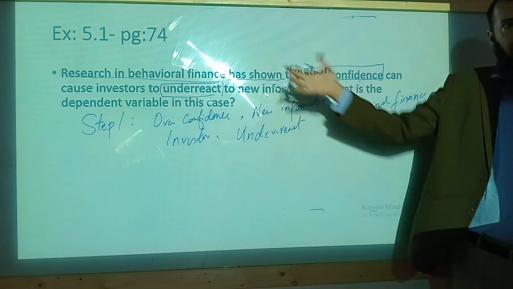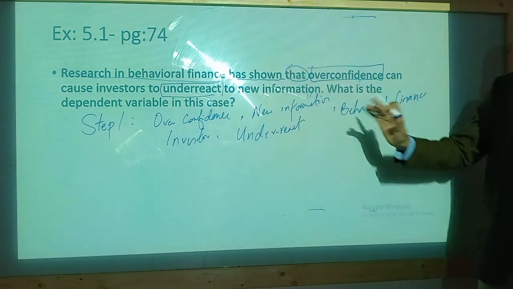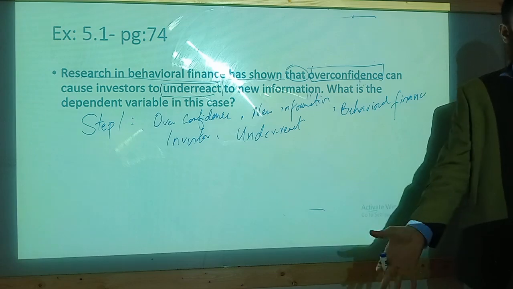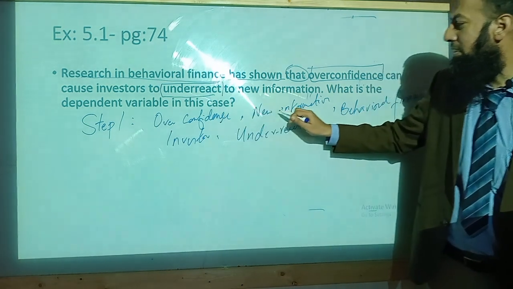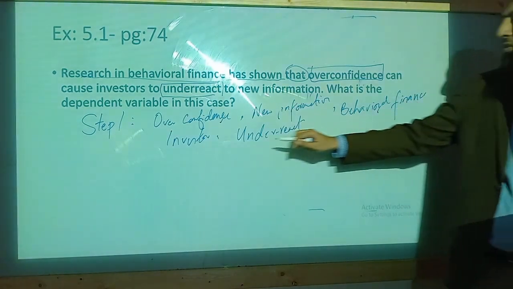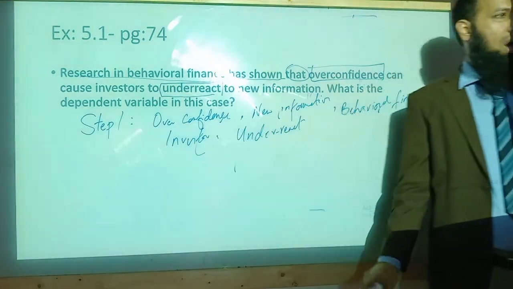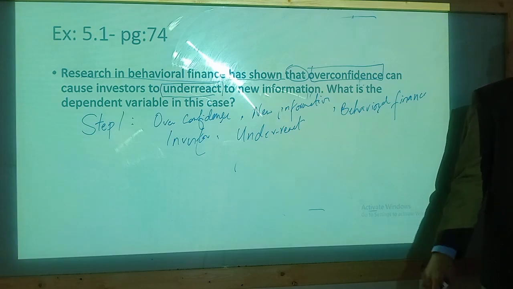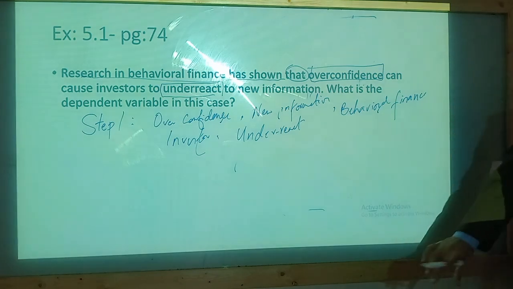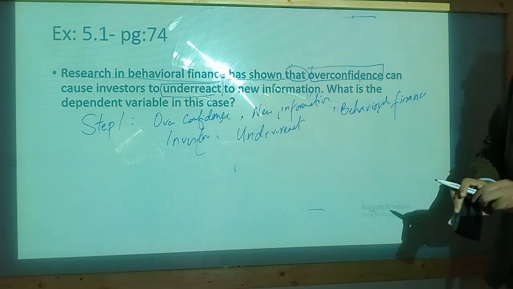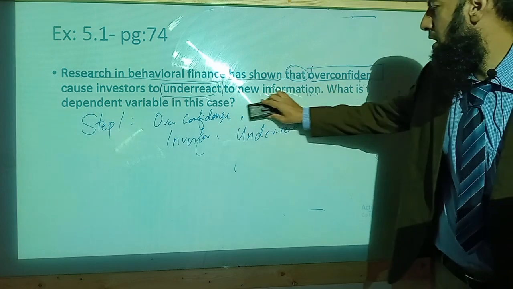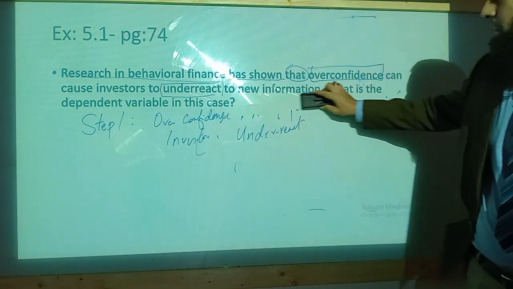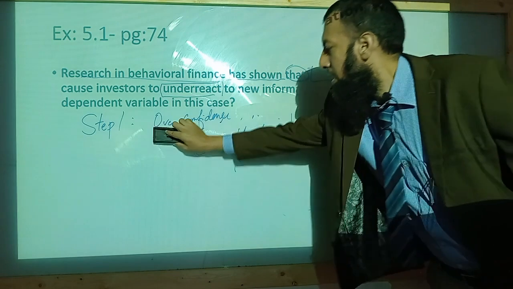But we are interested in the action. What is the dependent variable? So what do you think now? So you see we have many: 2, 3, 4, 5. Out of 5 there are only 2. So shall I rub out the rest? Yes. Okay?